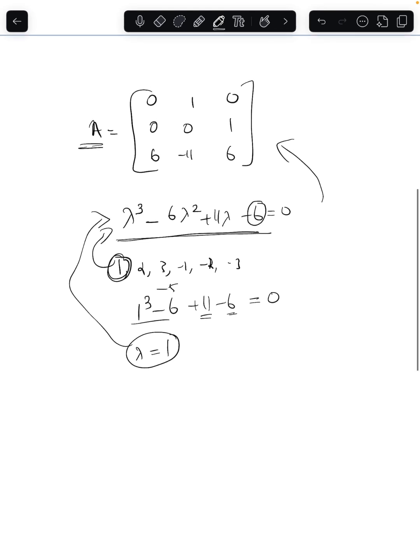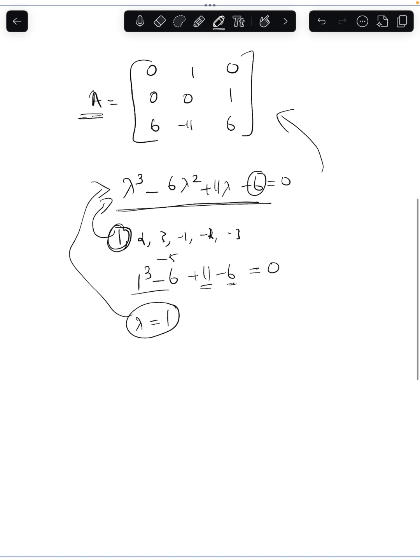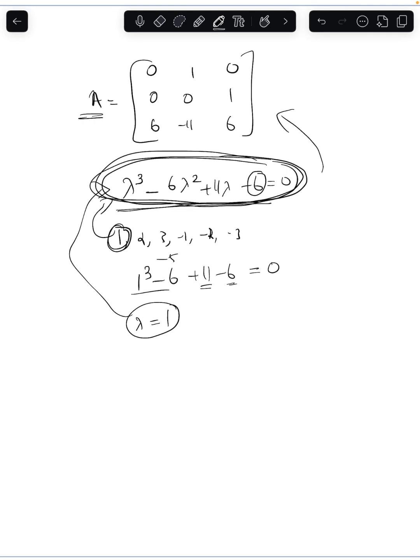Now I need to find the remaining two eigenvalues. To find them, I am going to rewrite this characteristic equation in the form of lambda minus 1 into a second degree polynomial equal to 0.